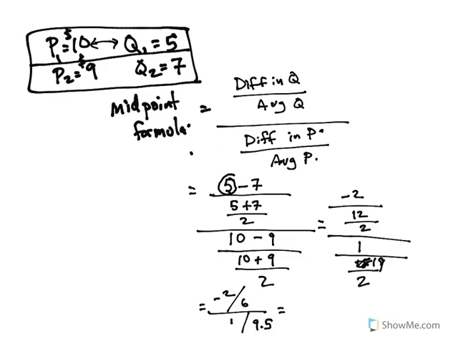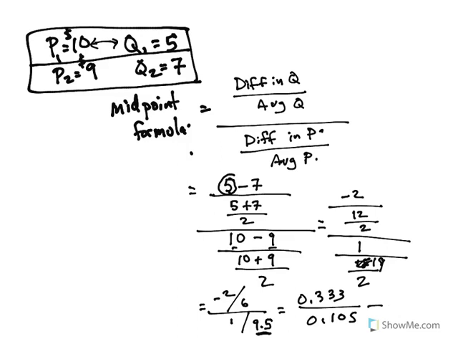Now, I like to point that out because it's a good reminder that we're not calculating this elasticity at either of these prices, but really we're calculating the price elasticity of demand at 9.5. So 2 divided by 6 is 0.333, and 1 divided by 9.5 is 0.105, roughly.